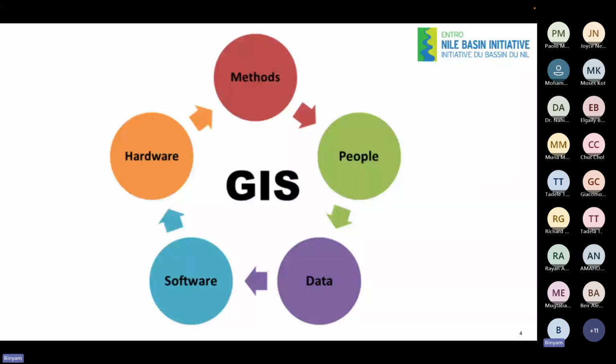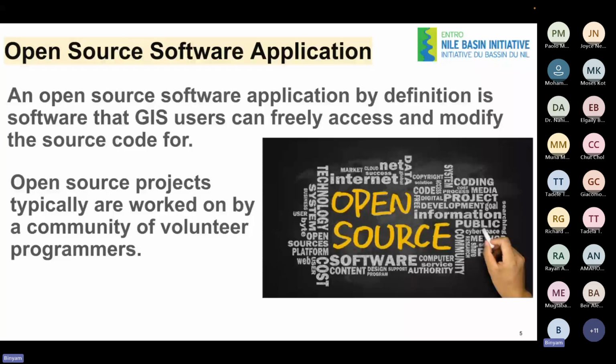Then we can make a full GIS. As Paolo mentioned a little at the beginning, there are commercial software applications and open source software applications for GIS. In this project, we use mainly open source GIS, to make it stable.